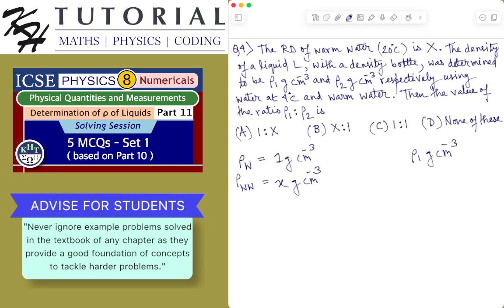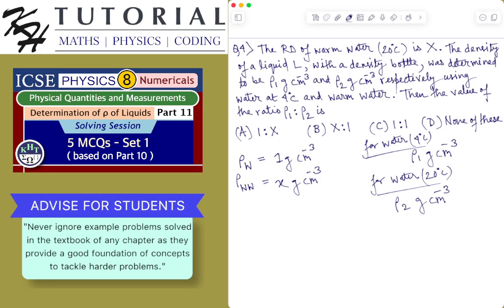And using water at 20 degrees centigrade, the density of the liquid was found to be rho 2 gram per centimeter cube. So it is now asking the ratio of rho 1 is to rho 2.